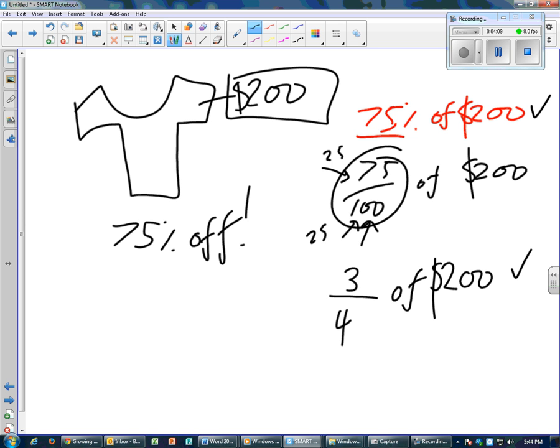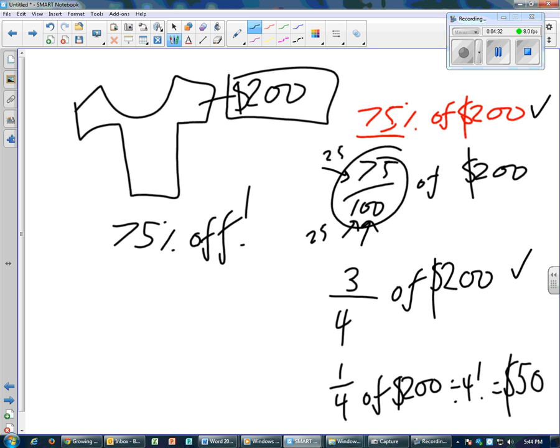Right, well, you can't find 3/4 until you know 1/4, so let's find 1/4 of $200, which is $200 divided by 4. That's what it means, $200 divided by 4 equals $50. 1/4 is the same as dividing things by 4.